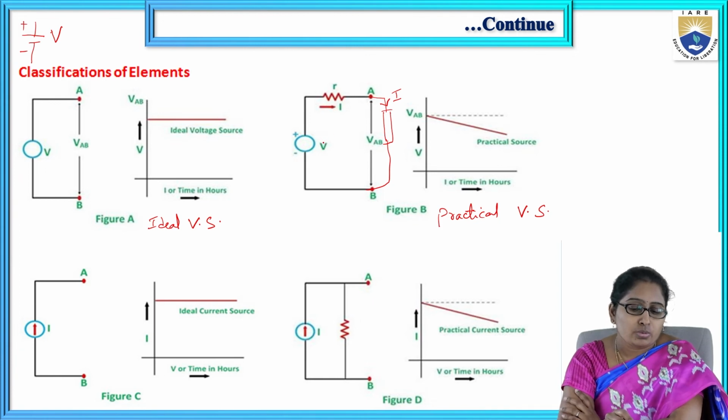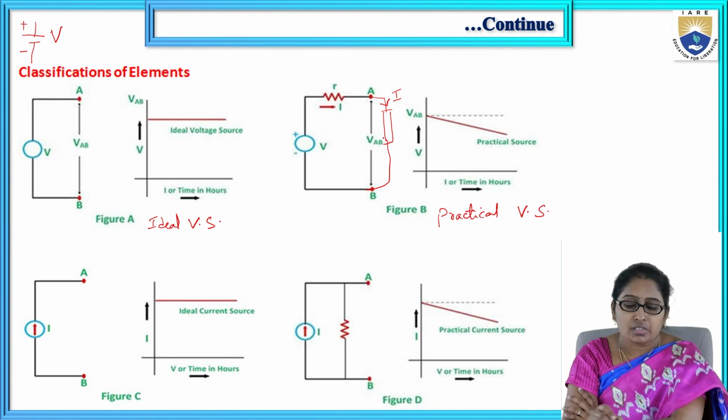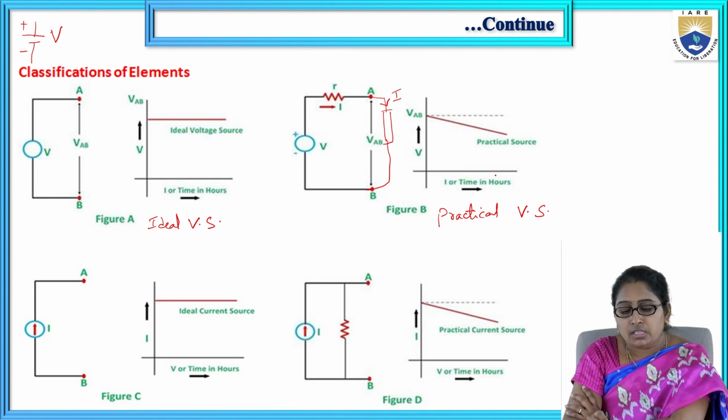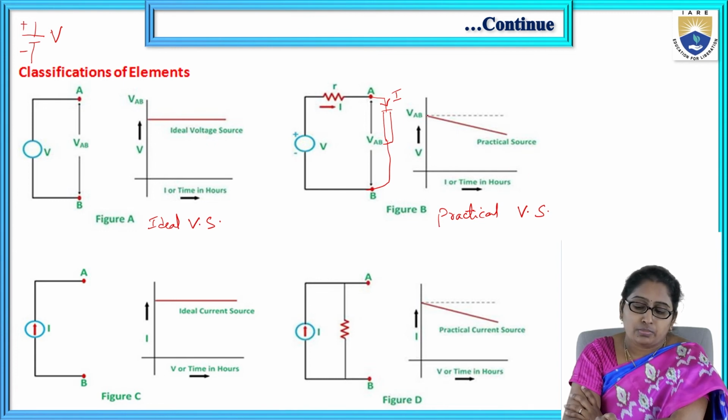Automatically the magnitude of V goes on decreasing. That's why in the VI characteristics, as we increase the current, the magnitude of V slowly falls down, and that is why the curve is shown like this.